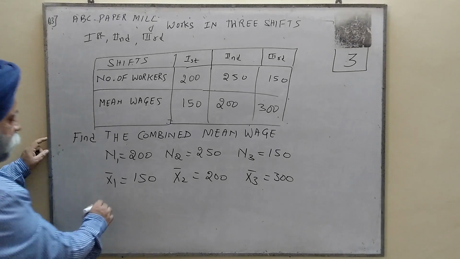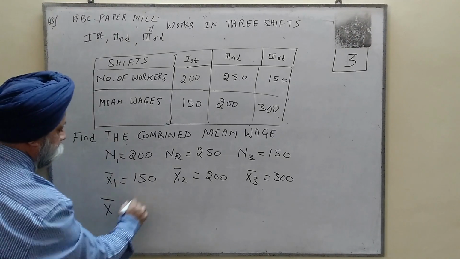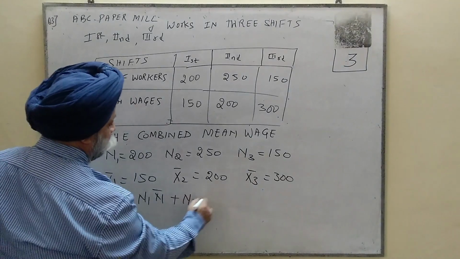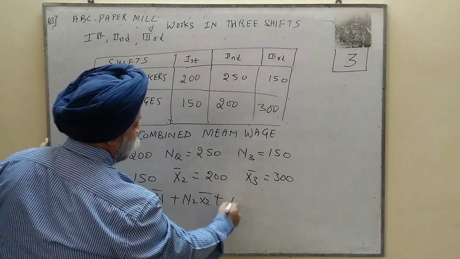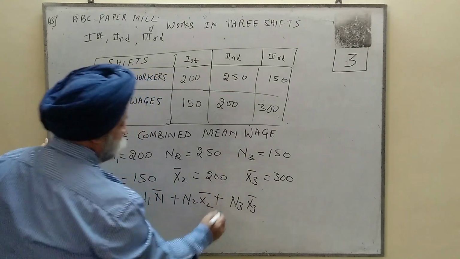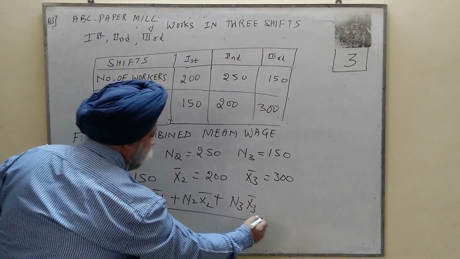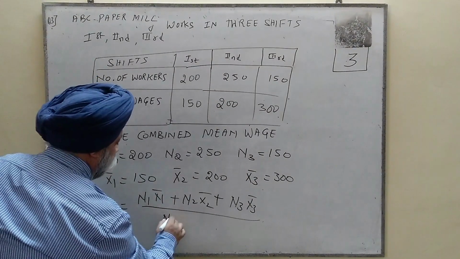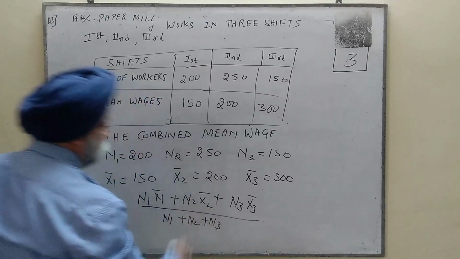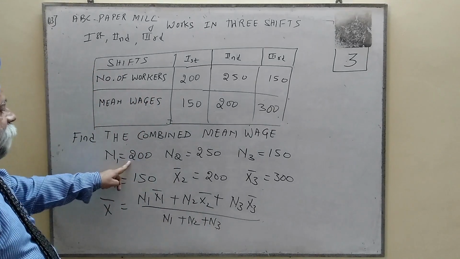Now combined mean का फॉर्मूला डायरेक्टली दिखा देंगे आप। N1 X1 bar, N2 X2 bar, N3 X3 bar divided by N1, N2, N3.